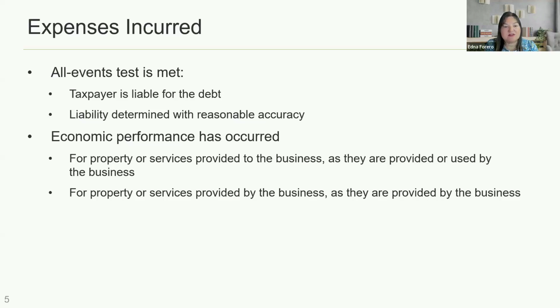And for property or services provided by the business, as they are provided by the business as well. So look at when the work was done, when you're listing it in your journal entry as an accounts receivable, making that expense as an account payable, so that the all events test is met and that our client can reasonably determine when that liability occurred.